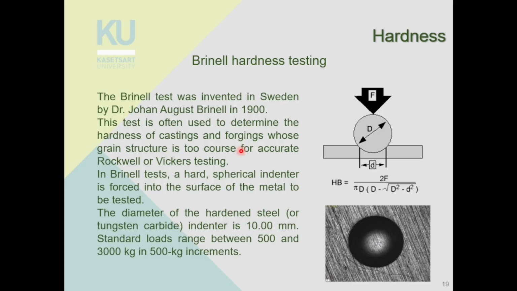So for Brinell testing of hardness, you're using a steel ball bearing or tungsten carbide ball bearing of known diameter, usually 10 millimeter. You're using a certain force that you know, pushing that ball bearing onto the surface. You're measuring the indentation, which is this small d here, from this picture here, and then you can get the hardness, and you can compare hardness of different material.